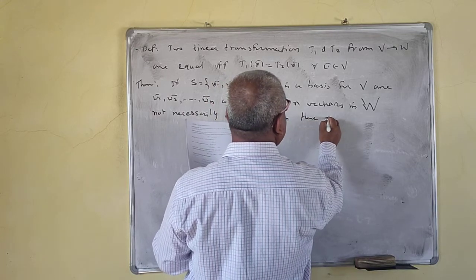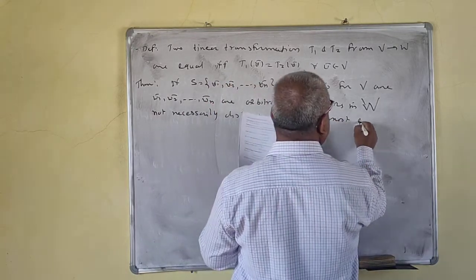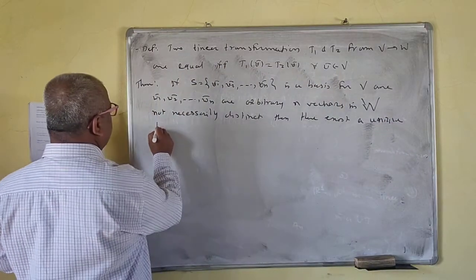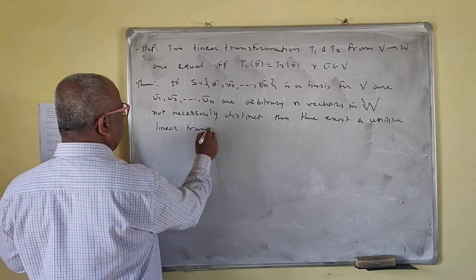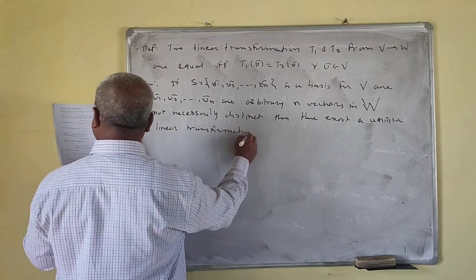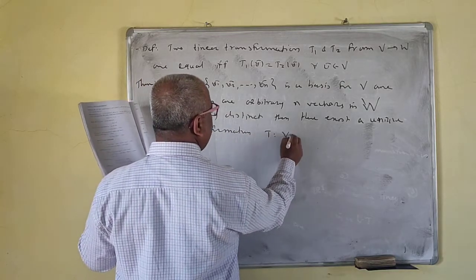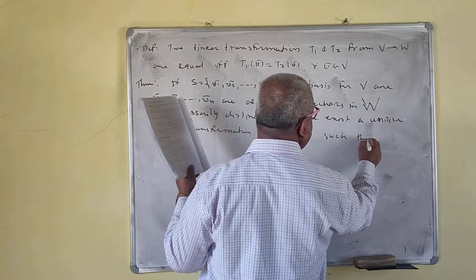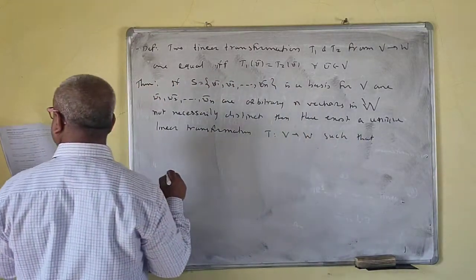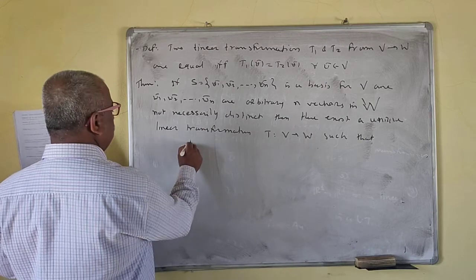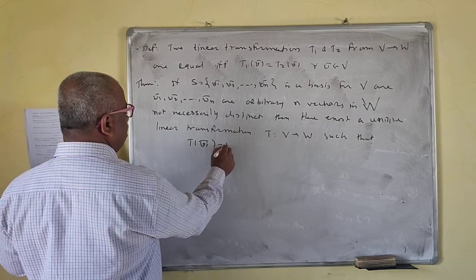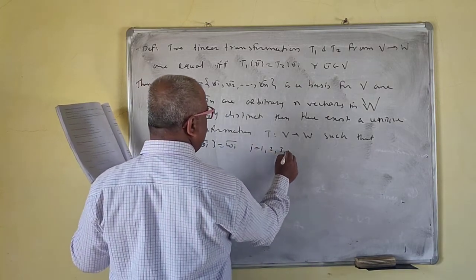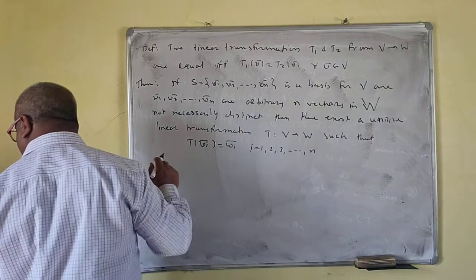Then there exists a unique linear transformation T from V to W such that T of Vi bar is equal to Wi bar, for i equal to 1, 2, 3, ..., n. This is very important.